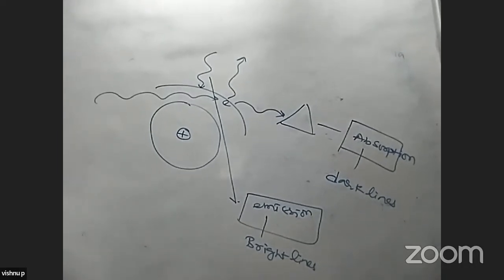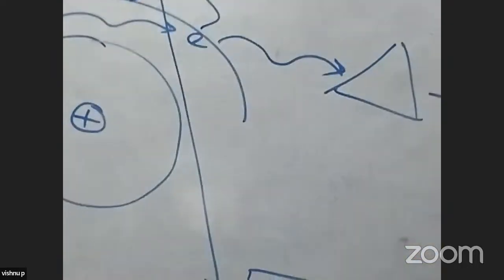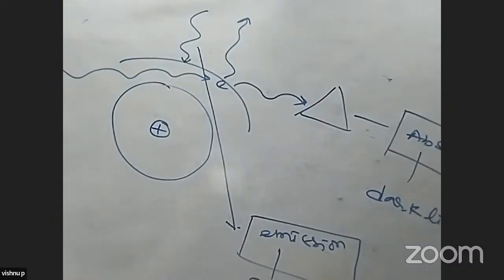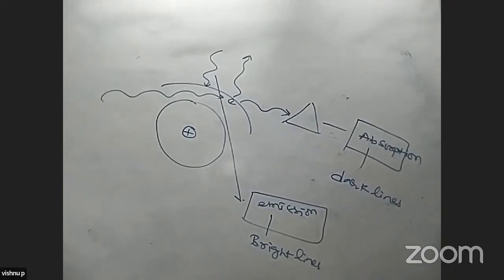These emission and absorption spectra are also called the fingerprints of atoms, because they are used to detect atoms.